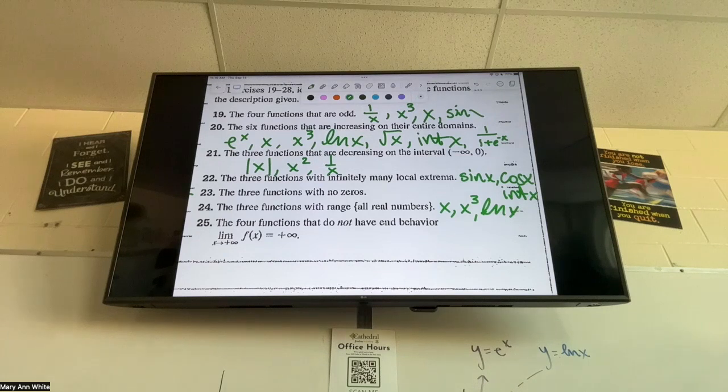Okay. What about 4 functions that do not have the end behavior? This is in limit notation, but it generally says as x approaches positive infinity, my y approaches positive infinity. So we want 4 that do not have that end behavior. What are 4 graphs that don't end going high?